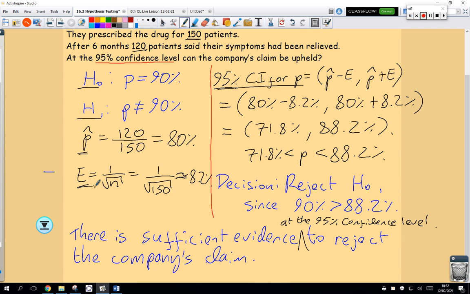Your decision will either say reject or do not reject. It'll give a reason, and then, putting it all into language at the end. Okay, there is sufficient evidence here at the 95% confidence level to reject the company's claim. And that's how we perform a hypothesis test for a claim.